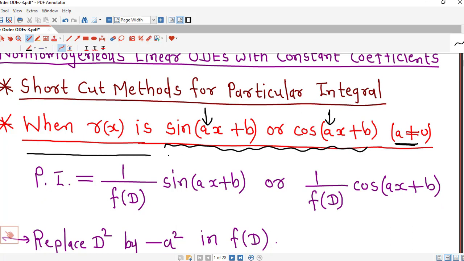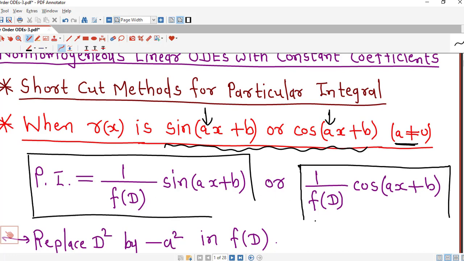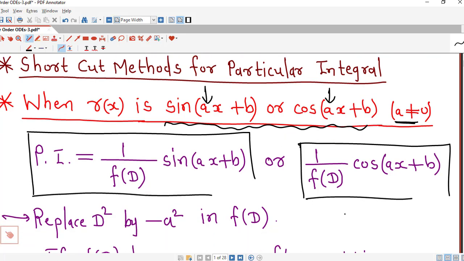As we know, the formula for particular integral is 1 over f of D sine ax plus b, or if we have a cosine function we will write 1 over f of D cosine of ax plus b. So if the right hand side is either sine ax plus b or cos ax plus b, we will replace D square in f of D by minus a square.